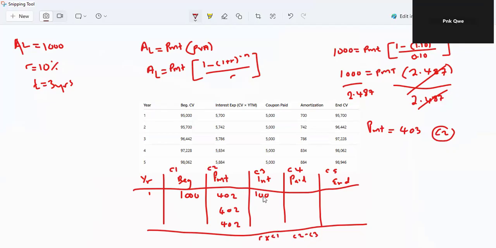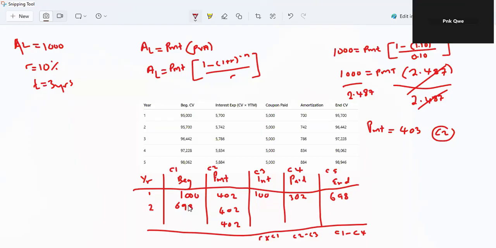So 402 minus 100, we get 302. Then column 5 is column 1 minus column 4. So what is 1000 minus 302? 698. This becomes your opening balance for year 2.